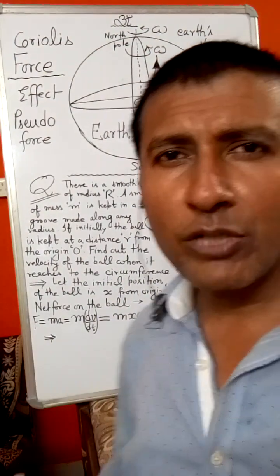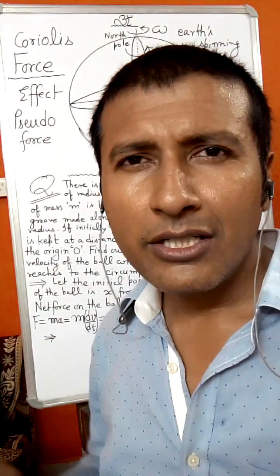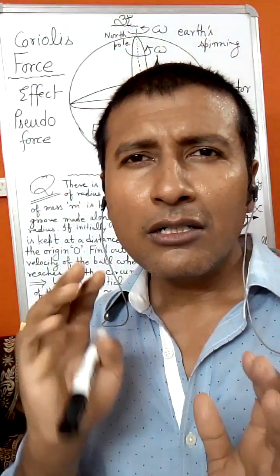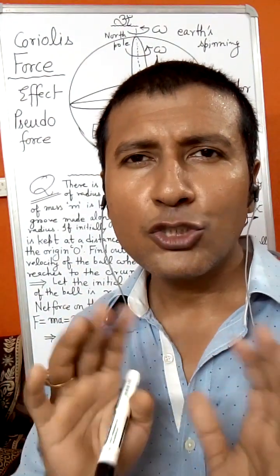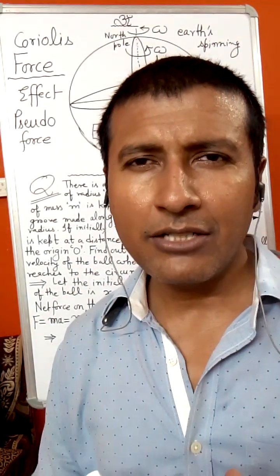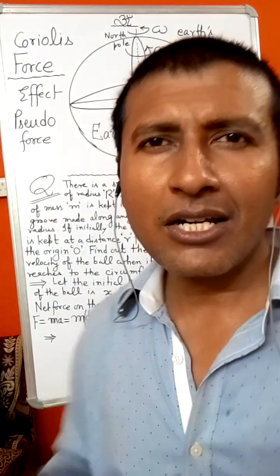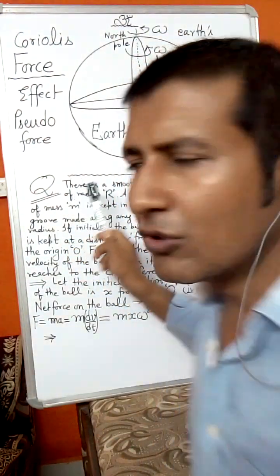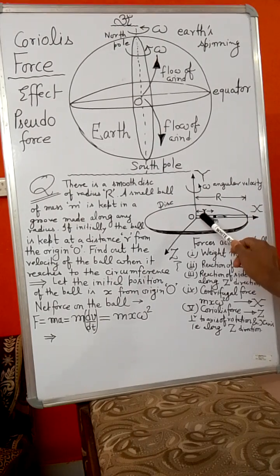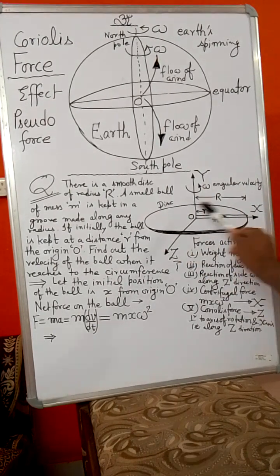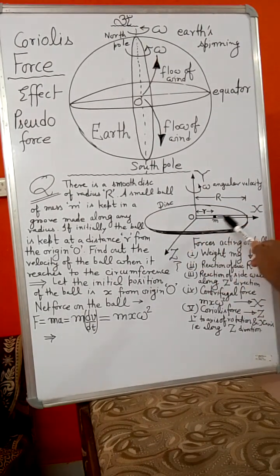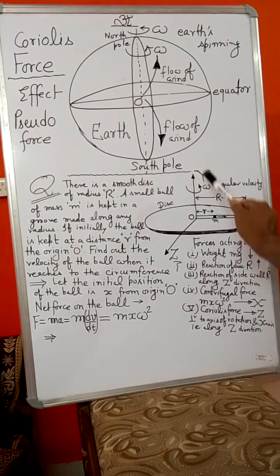Now let's take a numerical problem in which there is a uniform solid disc which is rotating around the axis of rotation. Look here. This is a uniform circular disc rotating around this axis, and the angular velocity of this disc is omega.